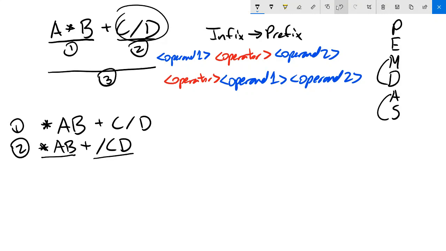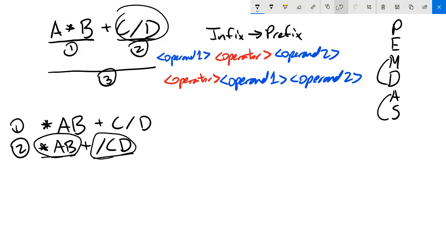Alright, so here is the key. This result is operand 1. This result, quotient, is operand 2.